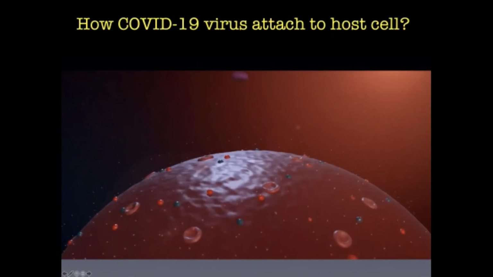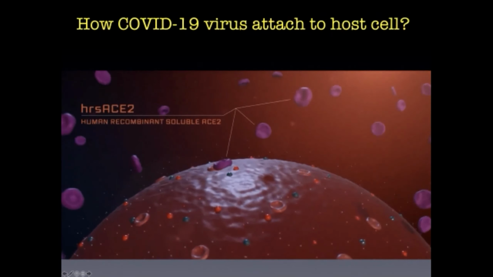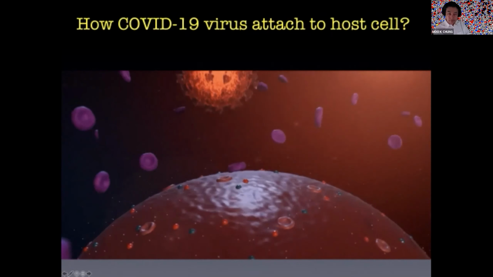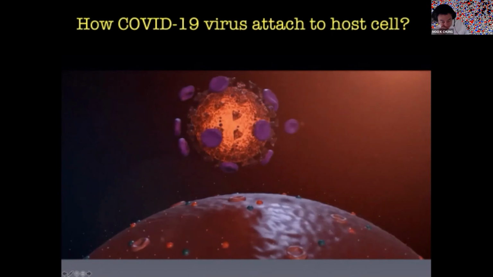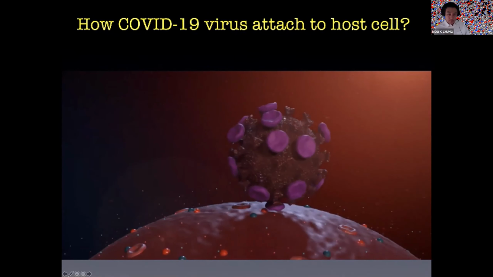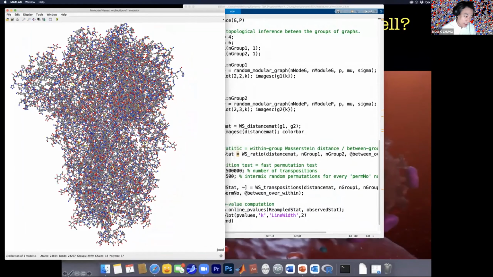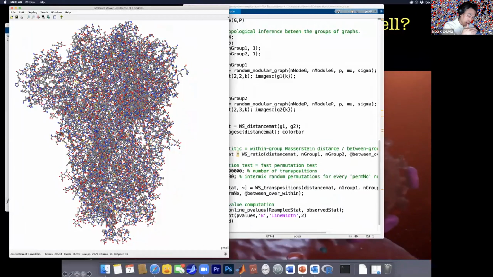Researchers are experimenting with new biologic drugs like human recombinant soluble ACE2, HRS ACE2. These decoy receptors attract and connect with the spike proteins, enveloping the virus and preventing it from connecting and entering with human cells. So the COVID virus is basically like this kind of spike sticking out of the virus.